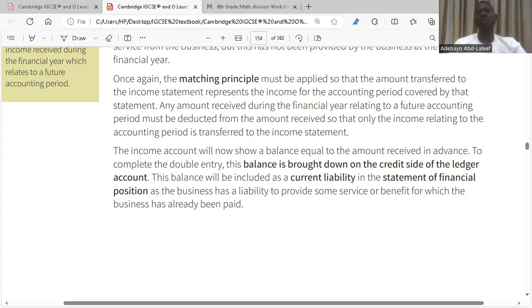So if you have received 5,000 and you have only worked for 3,500, you only record 3,500 as your income. So you'll be able to transfer 1,500 to the statement of financial position as current liability. Do you get the point I'm making? Yes.